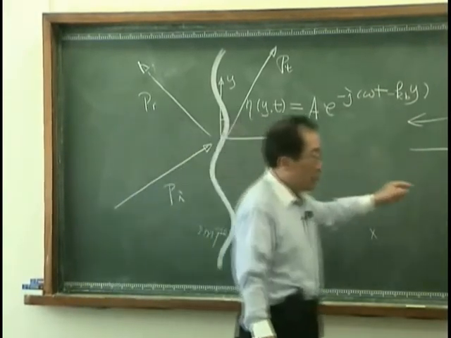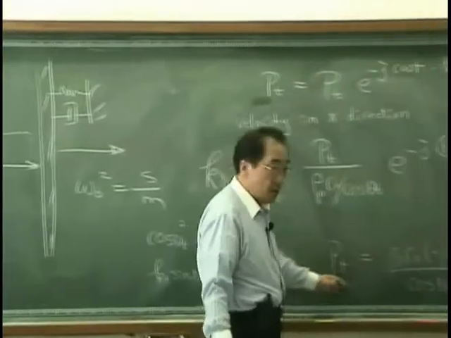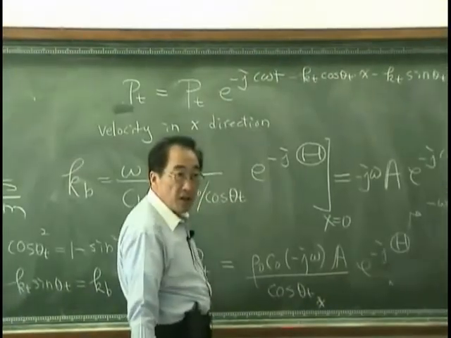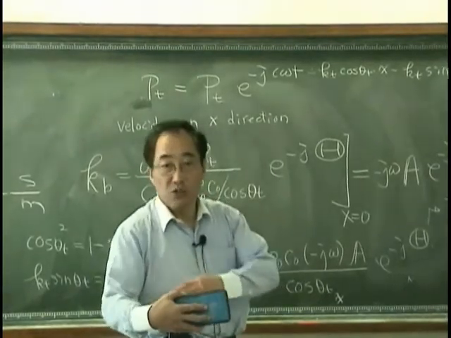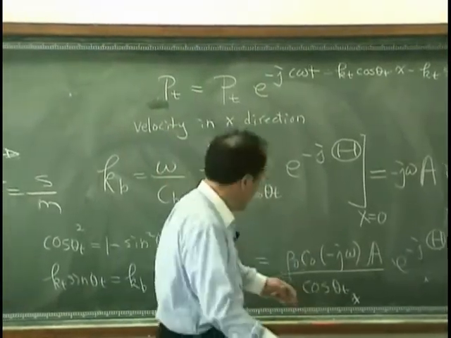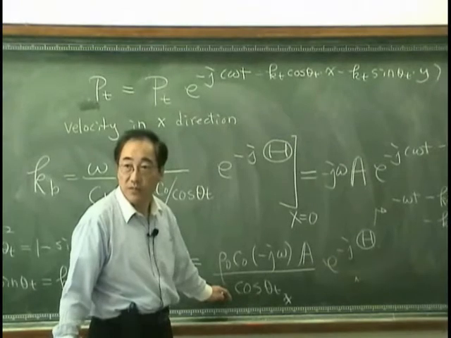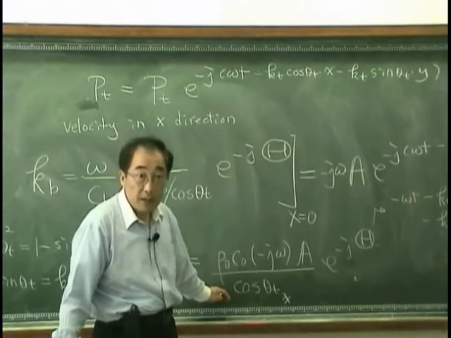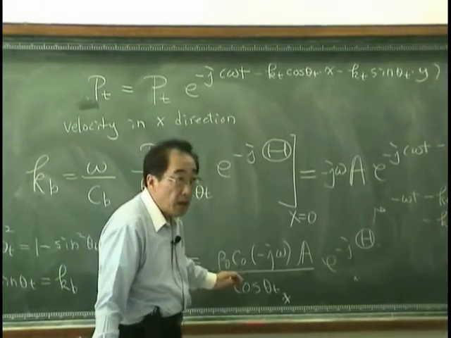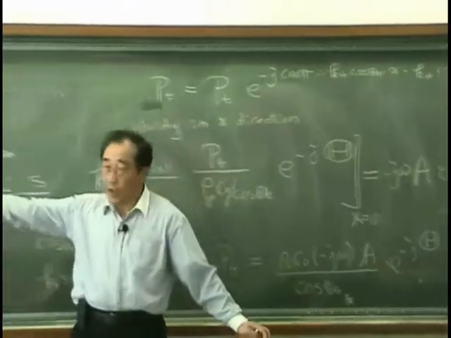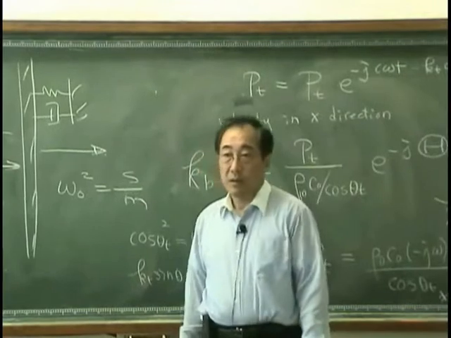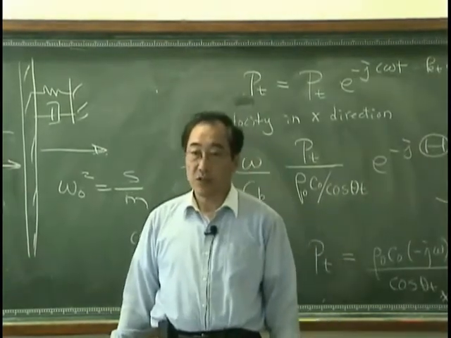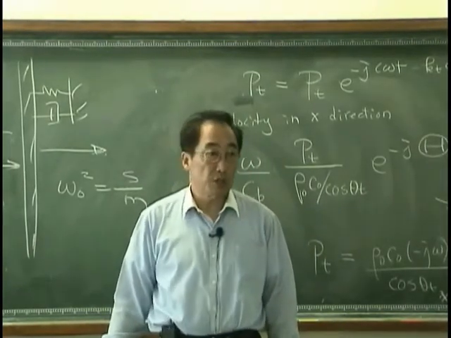But we found that the pressure, because the pressure is normal to the surface, therefore there must be a cosine term, right? And due to that requirement, we have an interesting phenomenon, supersonic, subsonic phenomena.